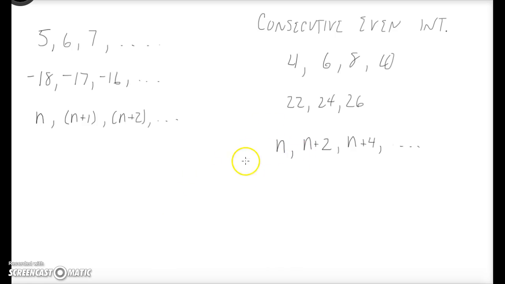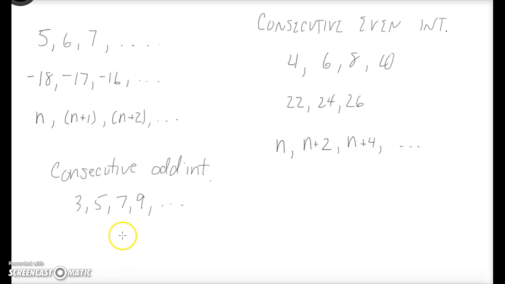We can also talk about consecutive odd integers. Okay, so things like 3, 5, 7, 9, etc. And same thing there, if n is our first integer, to get to the next odd number, we're always going to be adding 2.